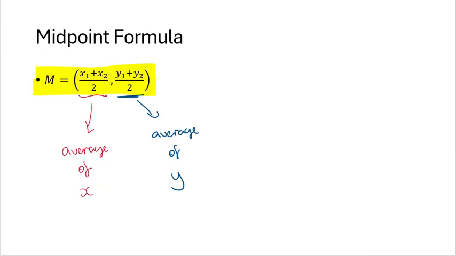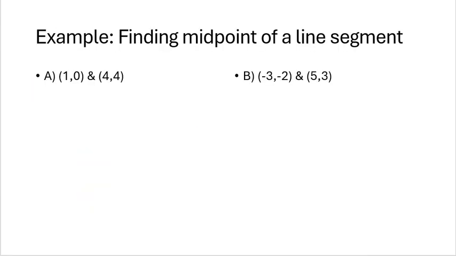Now, I'll just use some time to copy it down. Okay, let's do an example right now. I've got two coordinate points here: 1, 0, and 4 and 4. It's pretty much the same as my diagram from earlier, so we're using the same example.